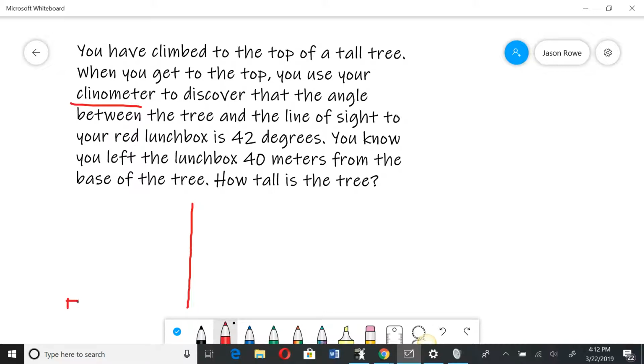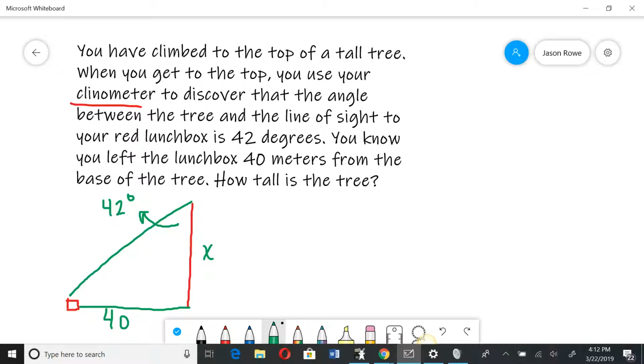You've got a little red lunchbox over here. And so the angle between where you are at the top of the tree and your lunchbox is 42 degrees. And you know that you placed that lunchbox 40 meters away. So the question is, how tall is the tree?